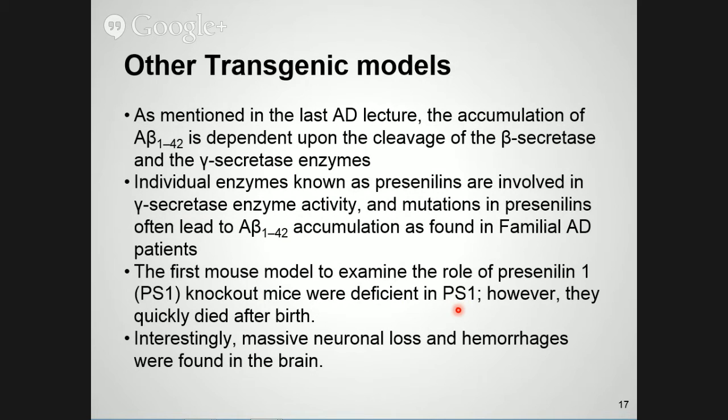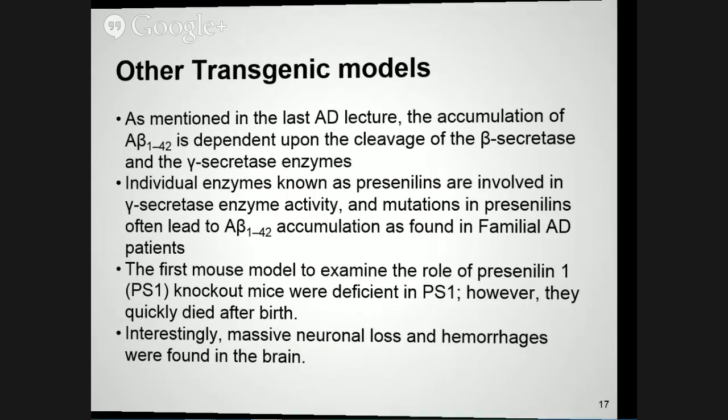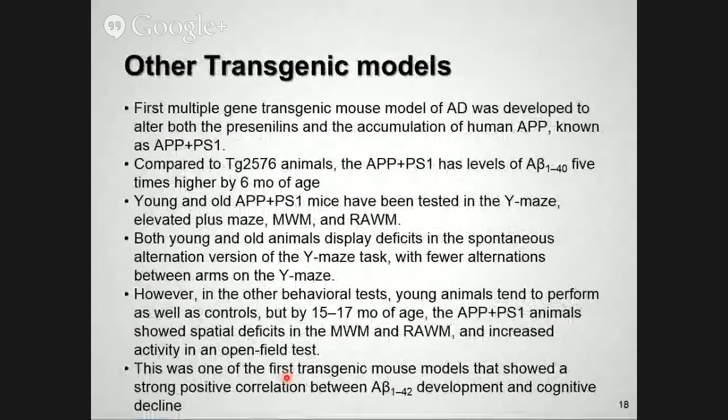These are early days in the late 1990s, before the modern molecular techniques were available, and these didn't last very long. They died quickly after birth, which meant that for looking at the effects with aging, these mice weren't very valuable to us. However, they did exhibit, before they died, massive neuronal loss, as well as different hemorrhages that were found in different areas of the brain. So again, not a perfect model.